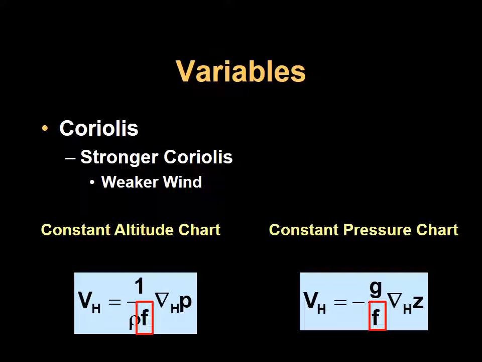And as you move south towards the equator, your Coriolis parameter will become smaller. So if your Coriolis is very big, if you're at northern latitudes, then your wind is going to be relatively weaker. And if you are moving towards the equator, where you have a much weaker Coriolis force, then the wind is going to become stronger.